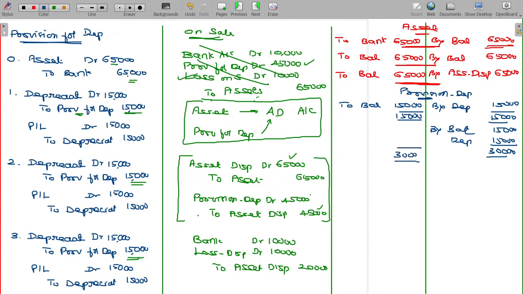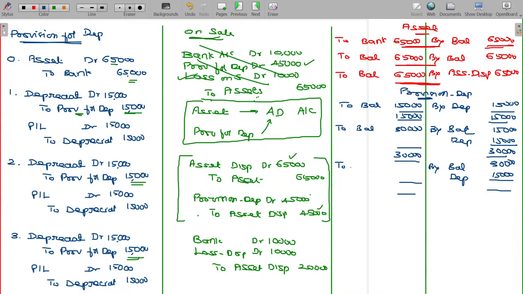To balance, the value being 30. By balance 30,000. Third year again, depreciation being 15. Now to what?